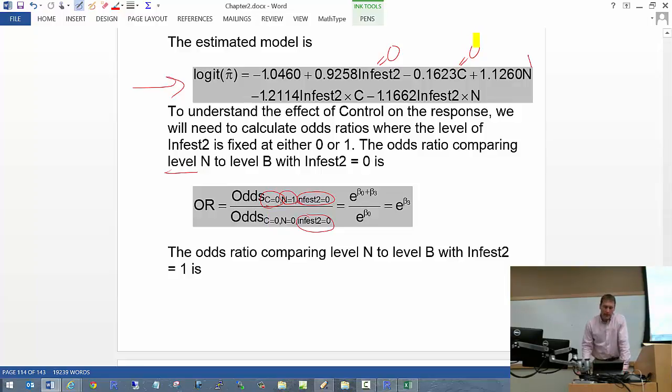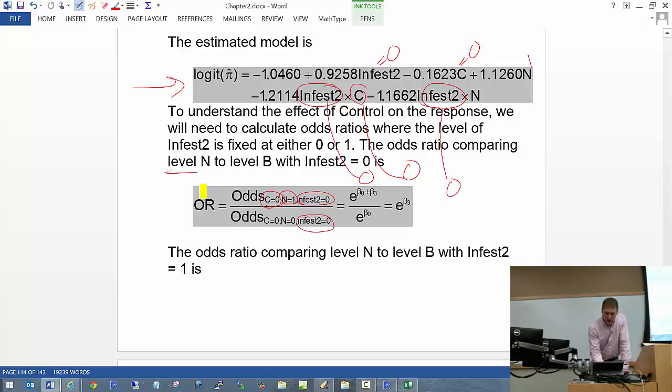Now look what happens when we have the interaction. C, again, is a 0. Infest2 is also a 0, and so the interaction terms are equal to 0 as well.